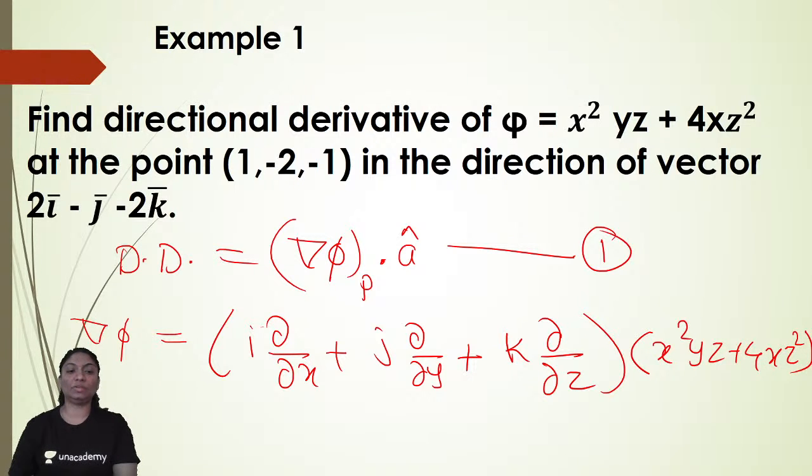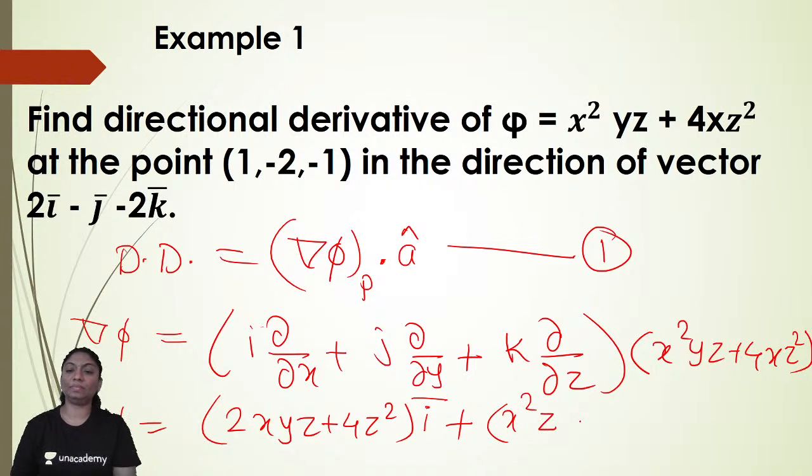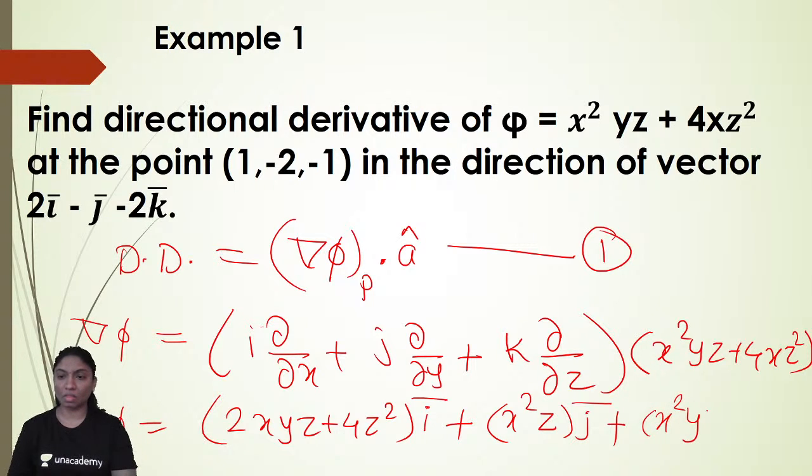So del phi is equal to i times del/del x of this, which gives 2xyz i bar, plus 4z square i bar, plus del/del y of this, which is x square z j bar, plus del/del z of this, which is x square y plus 2 into 4, that is 8xz, k bar.